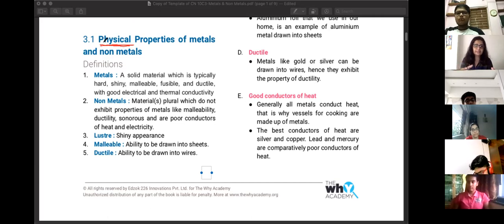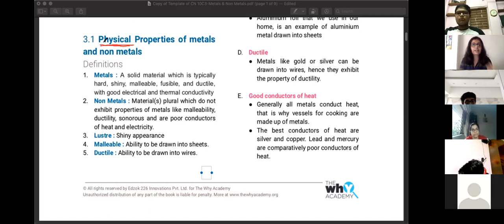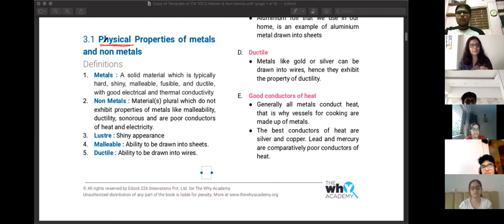Is it shiny? Is it not shiny? Is it a solid, liquid, gas? What color does it have? When you touch it, is it hard? Is it soft? All of these basic things come under physical properties, like melting point, boiling point, color, physical state, that sort of thing.